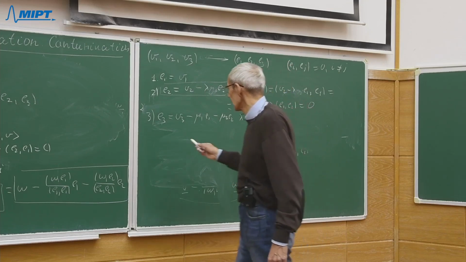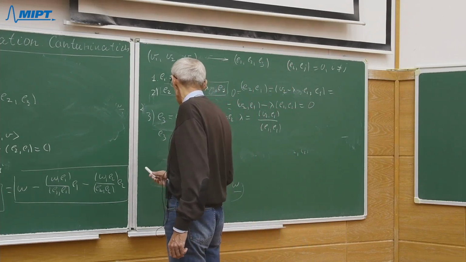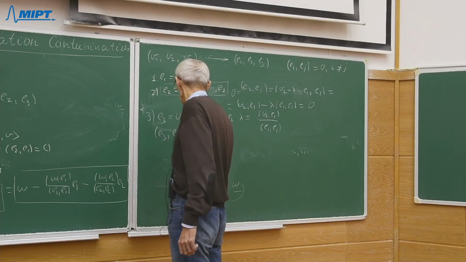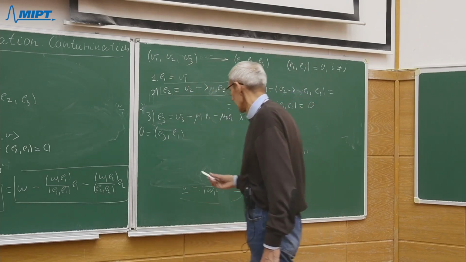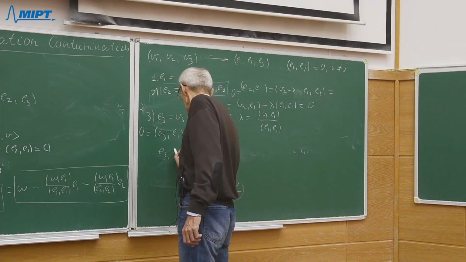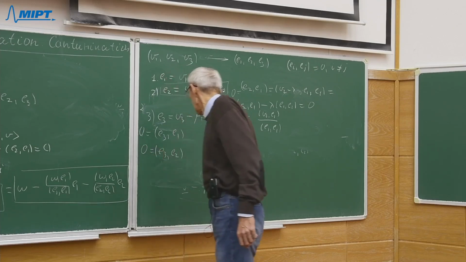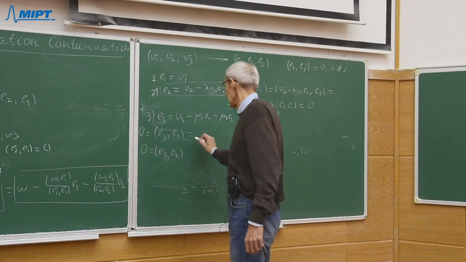The second condition means that this vector e3 is orthogonal to the vector e1, that is, this scalar product is equal to 0, and e3 is orthogonal to e2. And we have two conditions.